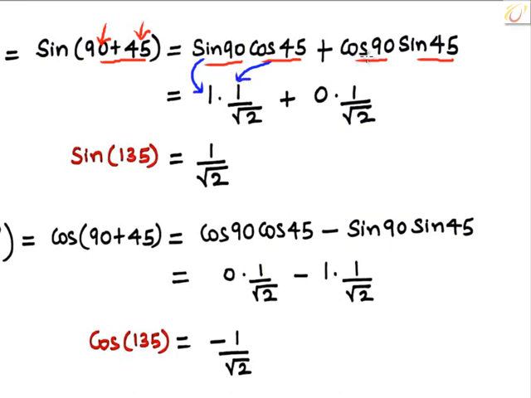What is the value of cos 90? Cos 90 is 0. What is the value of sin 45? Sin 45 is 1 upon root 2. So 1 multiplied by 1 upon root 2 plus 0 multiplied by 1 upon root 2.